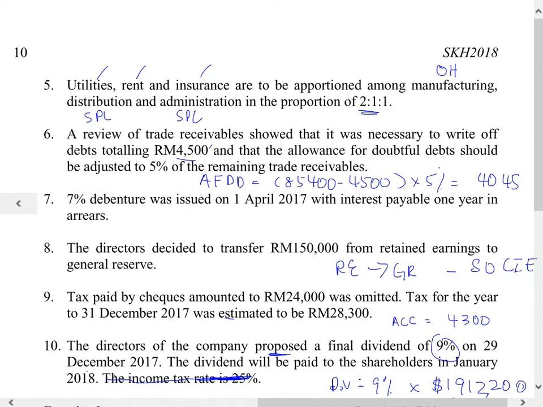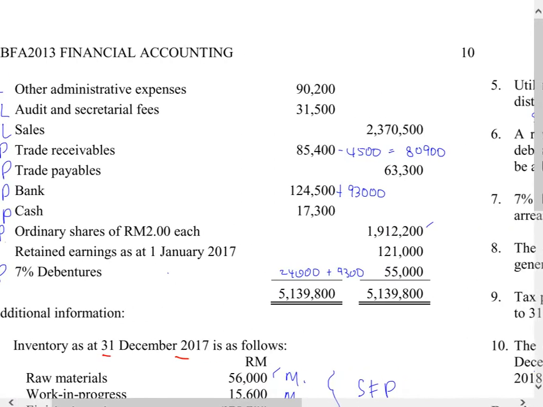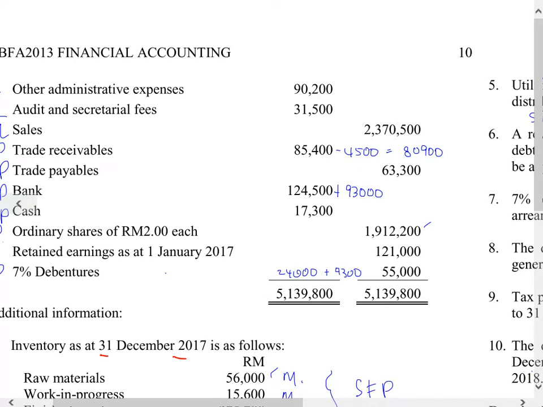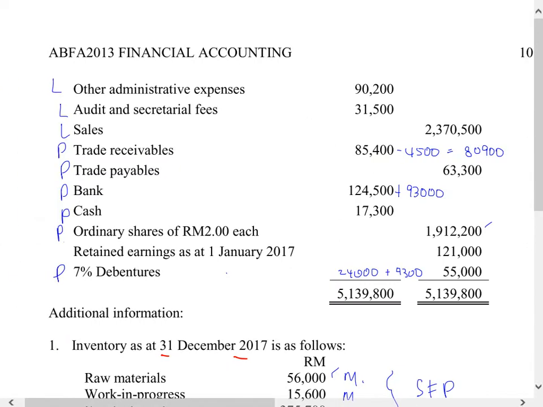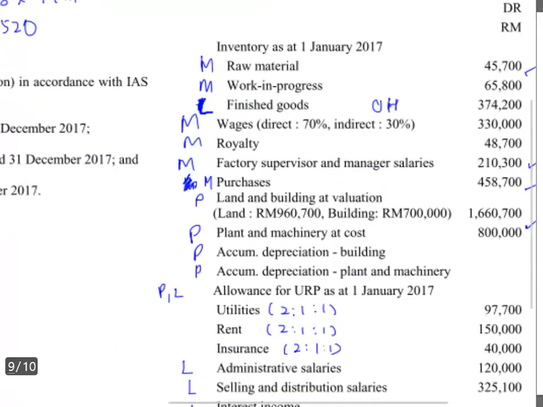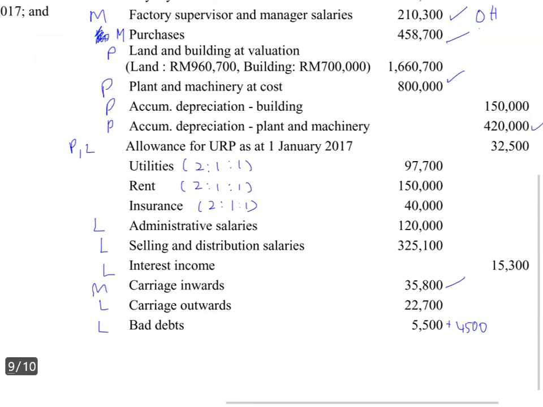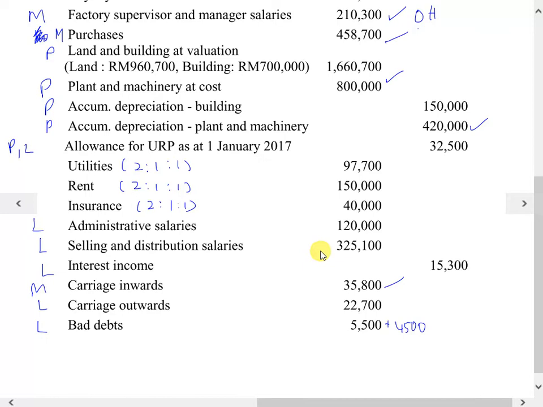So write off first, then doubtful debt. Trade receivable there. Credit trade receivables, write off bad debt. Clean it up. Debit bad debt. Do I have bad debt account now? So this question, I actually have a bad debt account of 55. So I write off another 45. Credit receivable, debit bad debt. Go to admin.